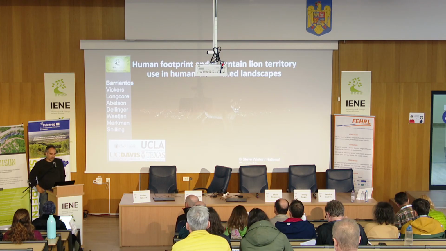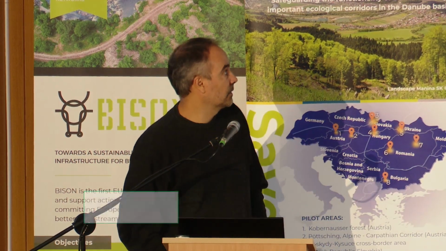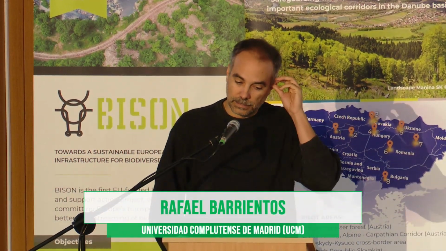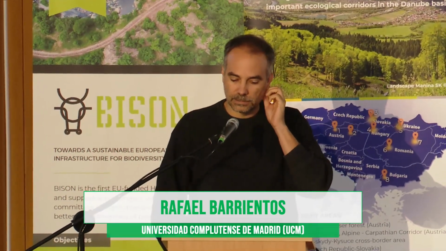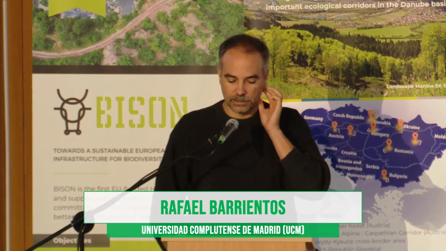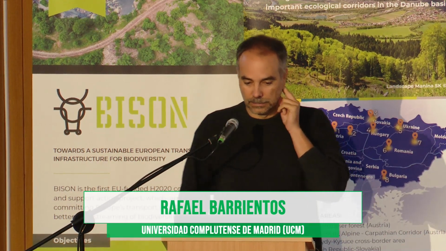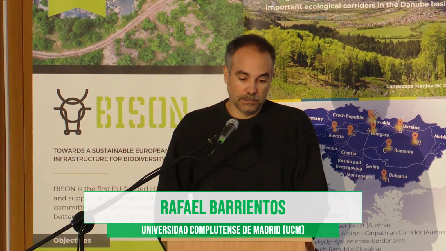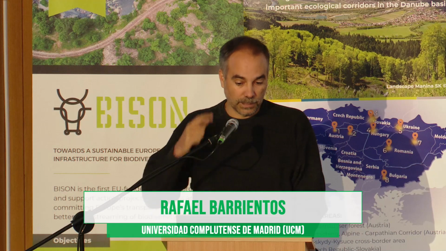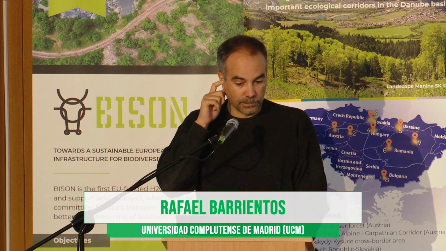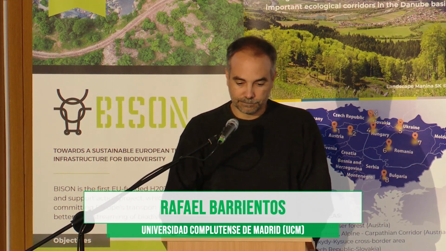I am presenting here an ongoing research that is a collaboration of my university in Spain and some universities in California and Texas. The title is How Human Footprint Affects Mountain Lion Territory Use in Human-Dominated Landscapes.